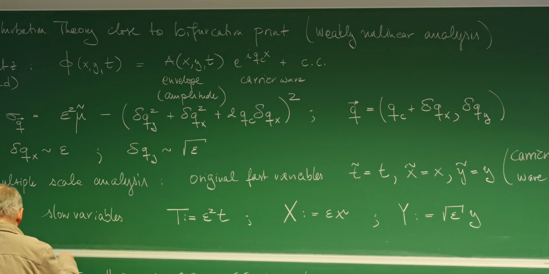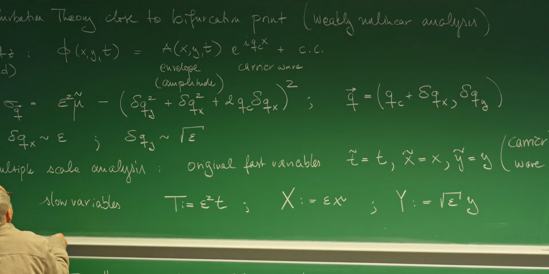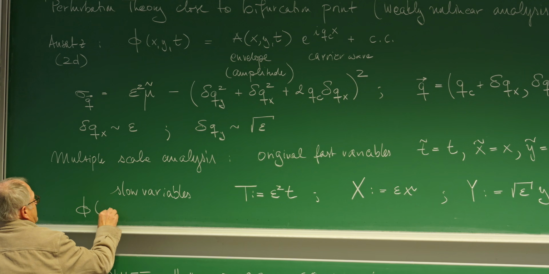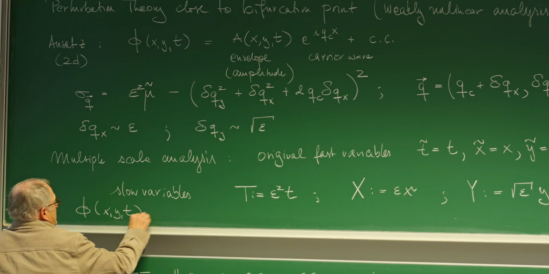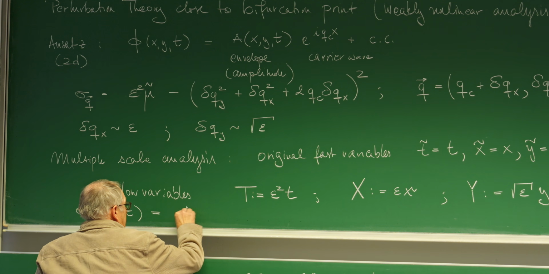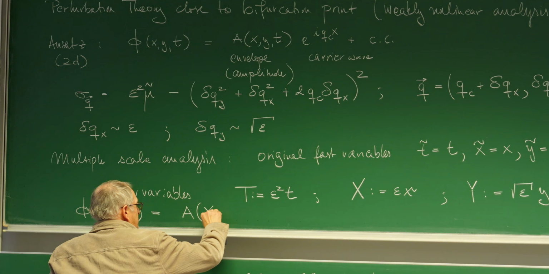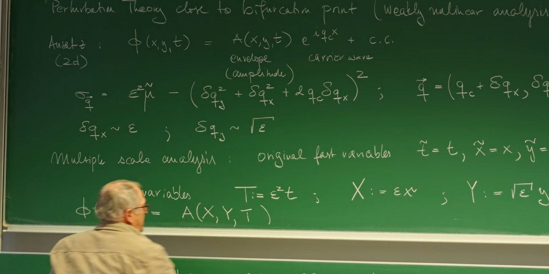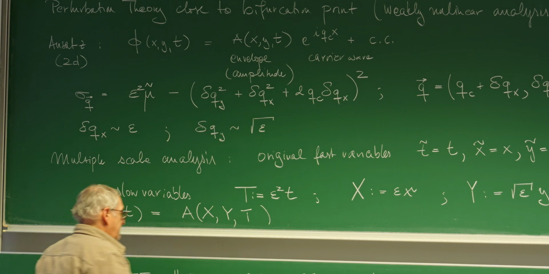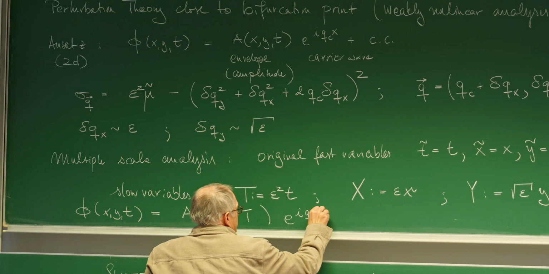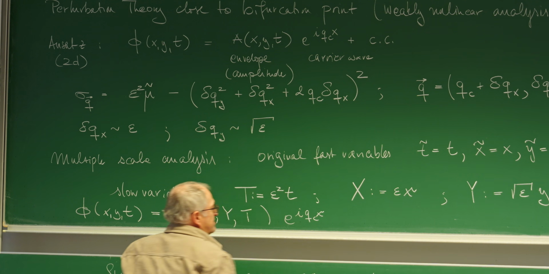Such that now, when I rewrite phi of x, y, and t, I write it as an amplitude depending on my slow variables, X, Y, and T, times a carrier wave which depends on the fast variables.